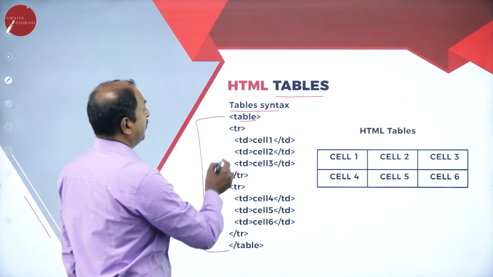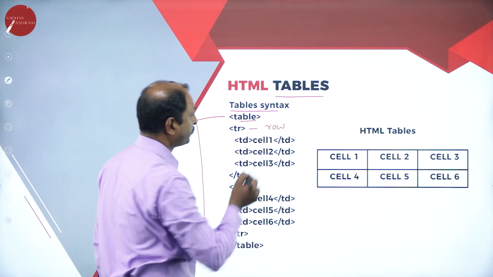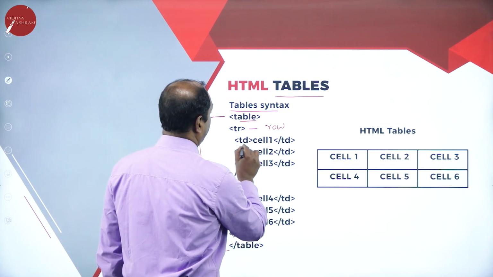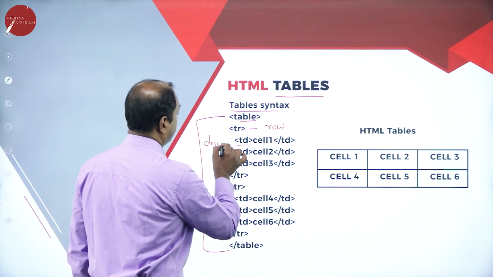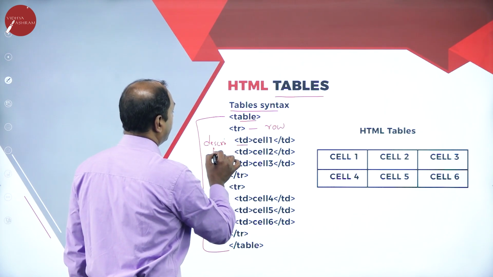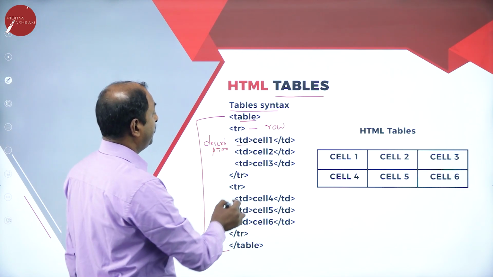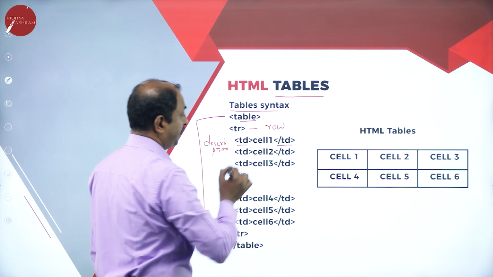Now here TR stands for table row. And again it has TD. TD stands for table data, also called table description. And this is cell 1, with an open TD and a closed TD tag.